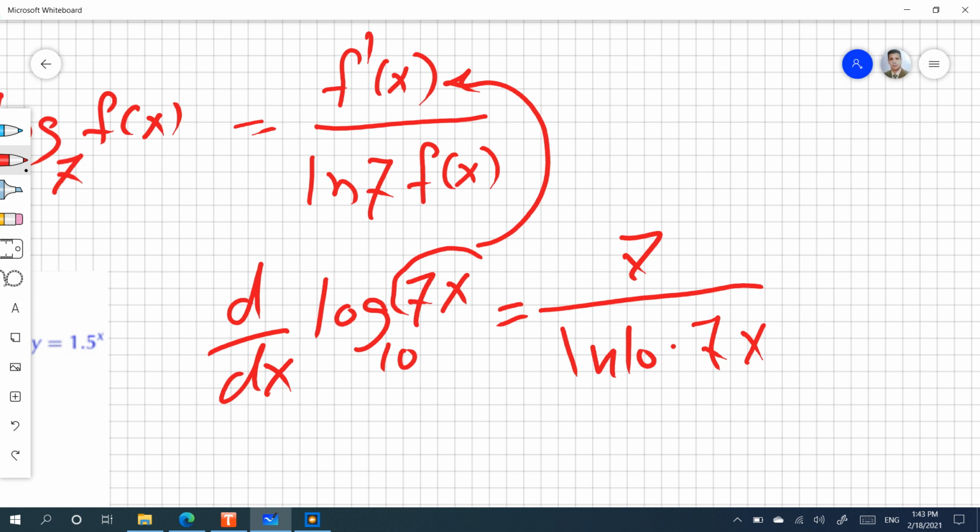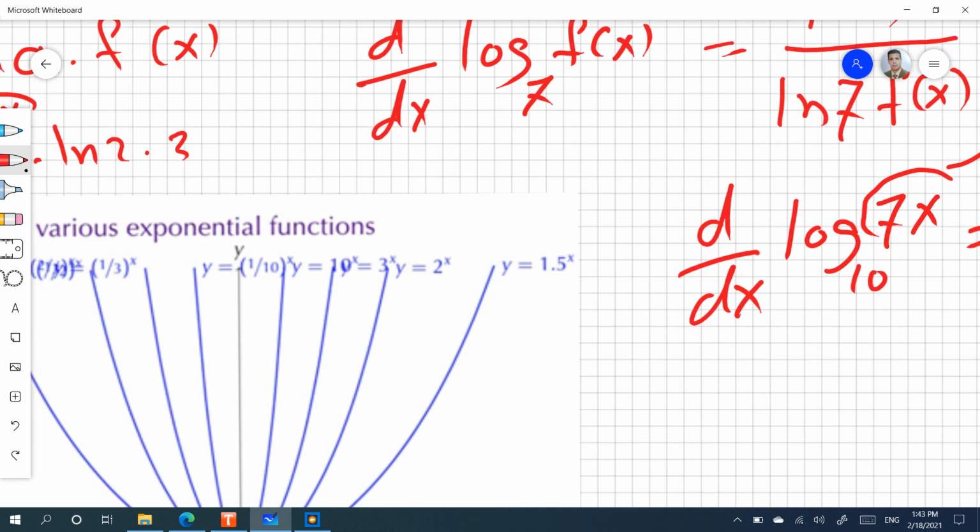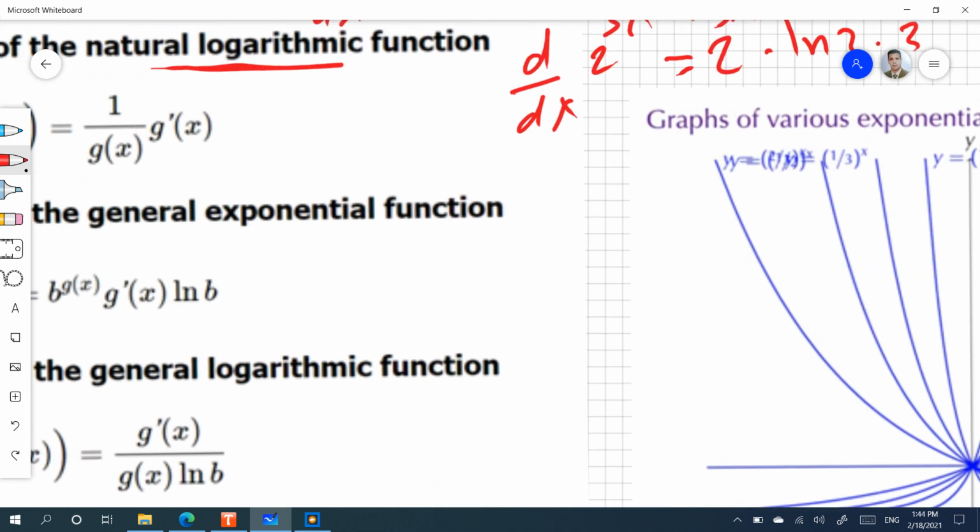Okay, this is the second type, the derivative of the logarithm function.